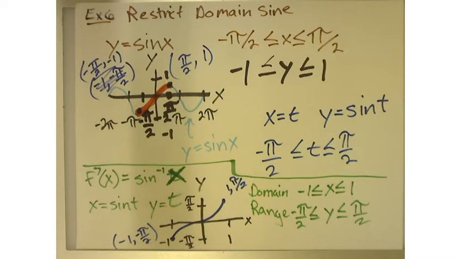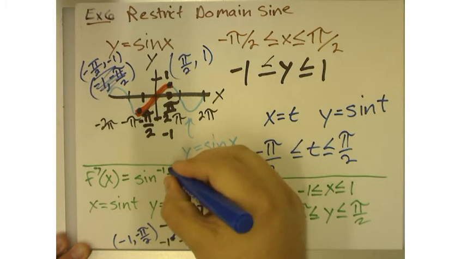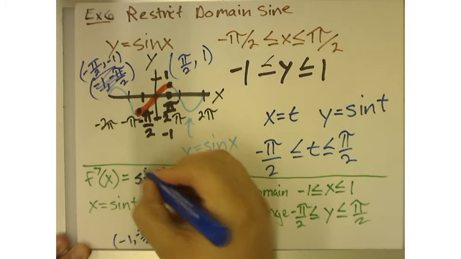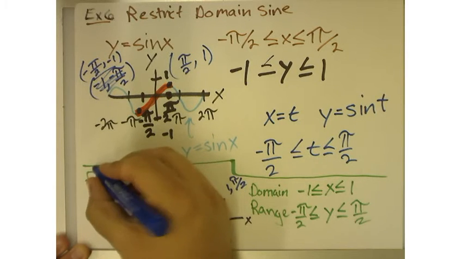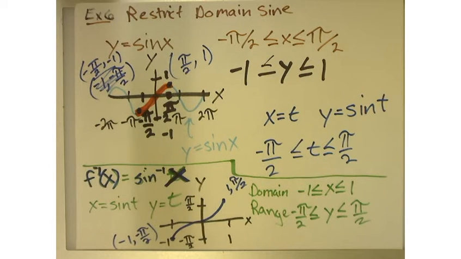So again, this is going to be inverse sine of x, and in function notation, we have the -1 right there. So now what does that mean? Before we're done, what does that mean?